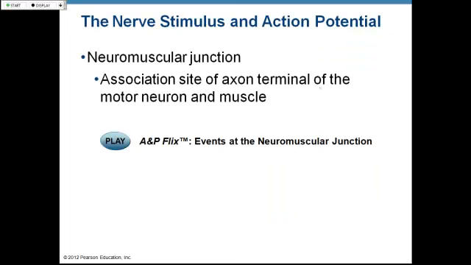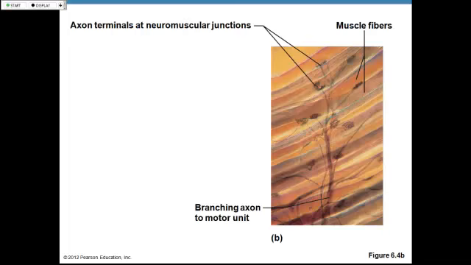Where the end of this nerve cell ends, see all the axon terminal ends that have the neurotransmitter? Where that is up against the muscle fiber, that is your neuromuscular junction. The nerve cell ends with all these little bulbous ends, and the muscle fiber is right under it. There's a small space called the synaptic cleft, but that is your neuromuscular junction.